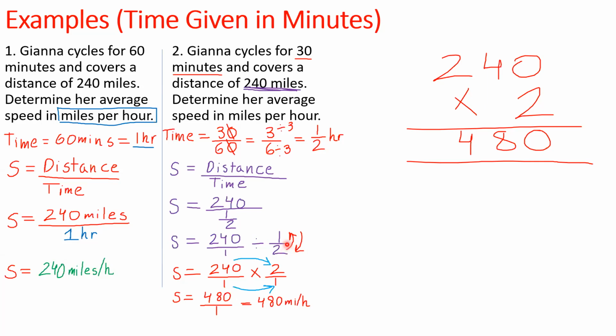So we have now 240/1 multiplied by 2/1. Now we just multiply fractions. 240 times 2 is 480, so 480/1. And 1 times 1 is 1. And so we have 480/1, which is 480.